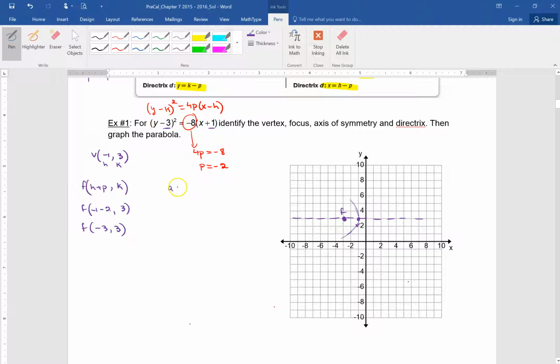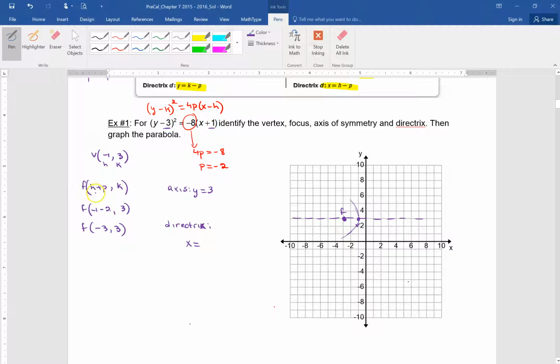So for the axis of symmetry, it passes through the y-axis here, right? So it's going to be y equals that number k, 3. That's it. Y equals 3. Now, for the directrix, if we did y equals something here, the directrix has to be x equals something.